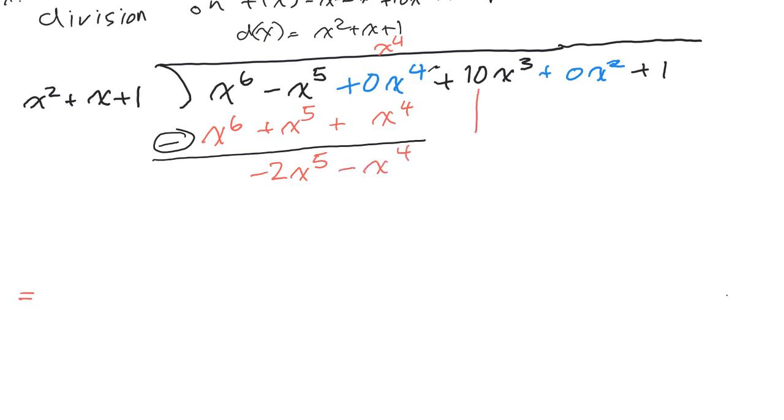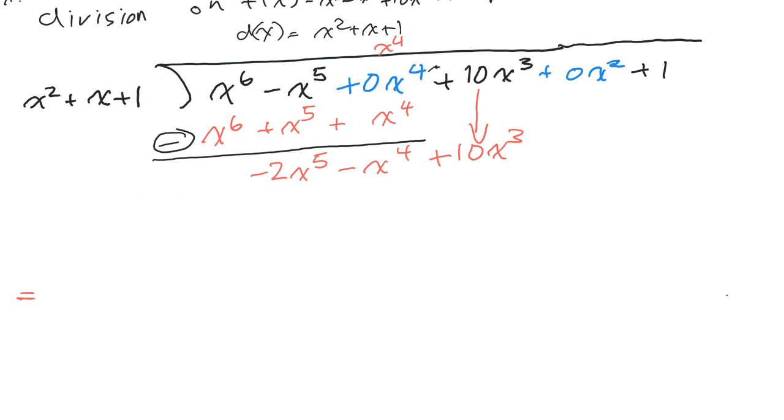So now, just like before, we always carry down. When we bring down, we end up with 10x cubed. Now we have another 3 terms that we're going to try and eliminate. So we need to multiply by negative 2x cubed.